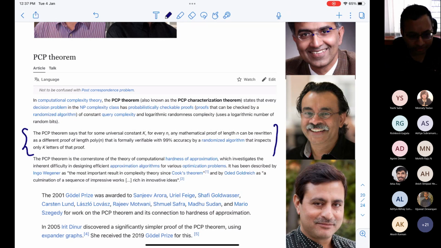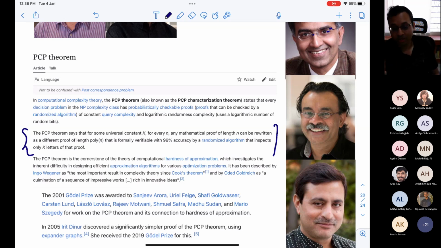What it says is there is some universal constant k, let's say 1000 or something, such that for every n, if you give a mathematical proof of length n, then you can convert it to another proof, which is again polynomial in n, and then you just check k number of bits in the proof. So the proof can be 10 to the power 1000 or a very large number of bits.